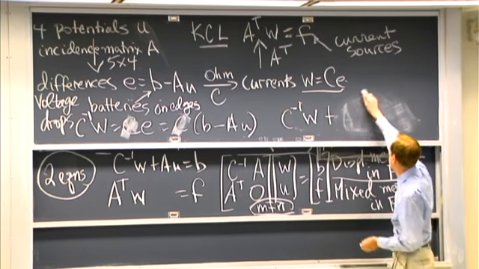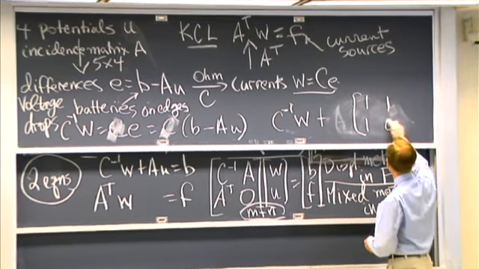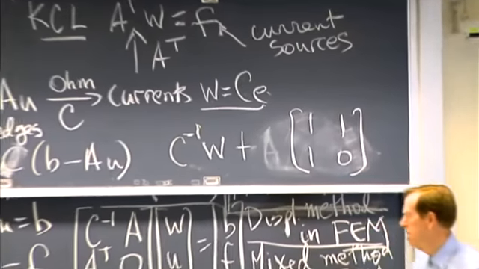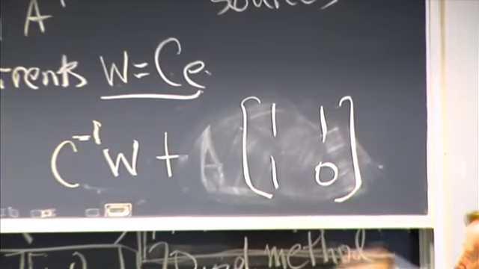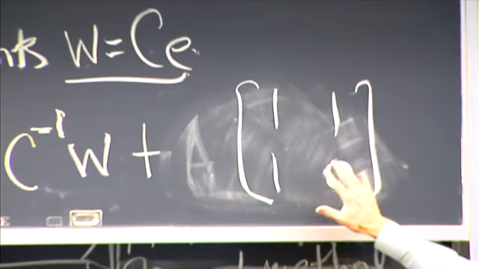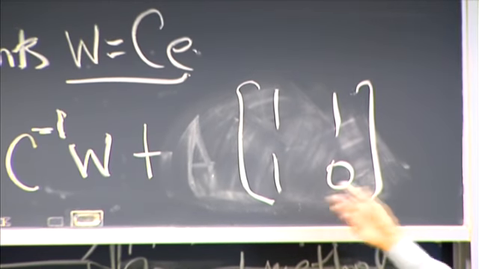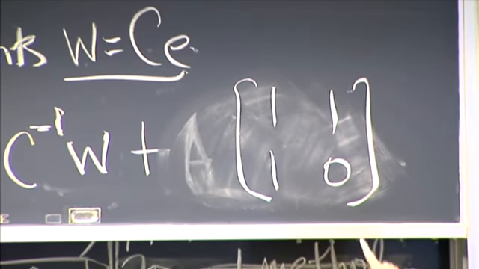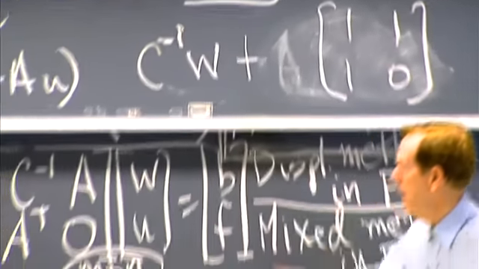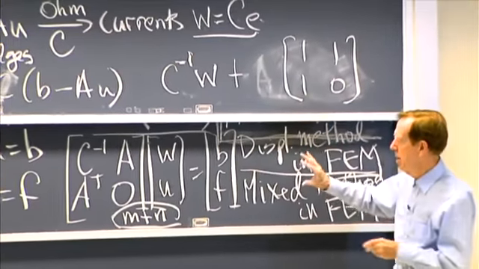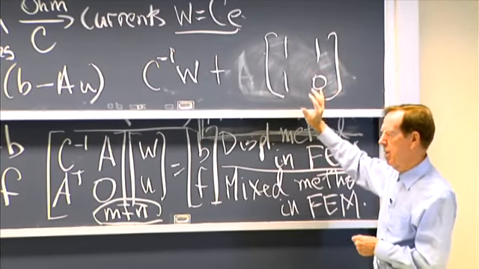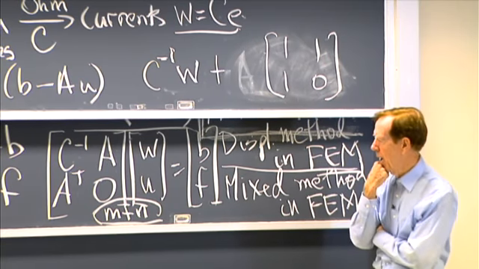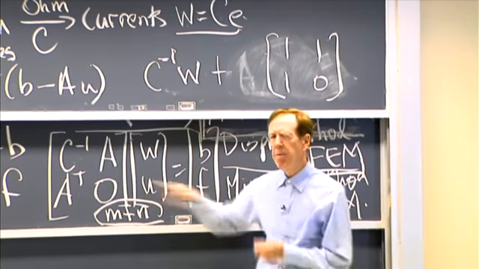I'll just make it 2 by 2. Here's a model for that matrix, where C is just a 1 and A is just a 1. It's kind of laughable, right? That model, this is the real thing, but it gives you an example to check against. Okay, what's the property of that matrix?